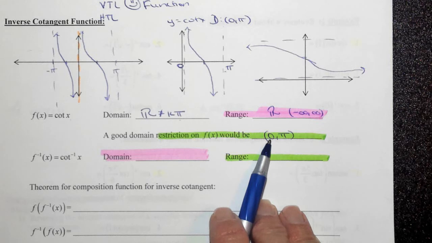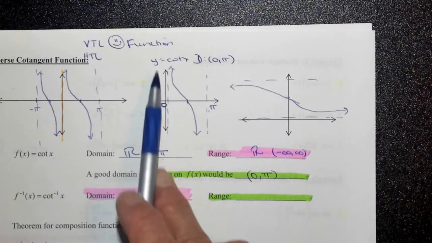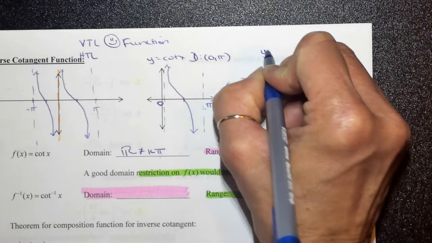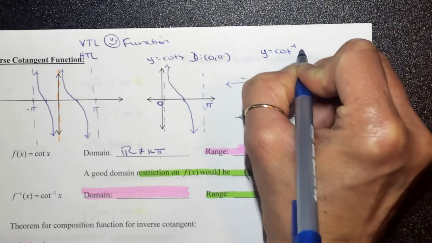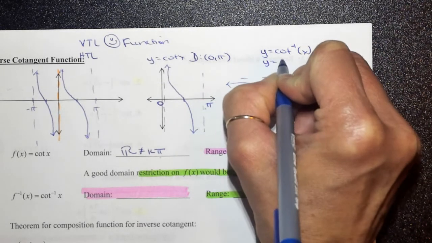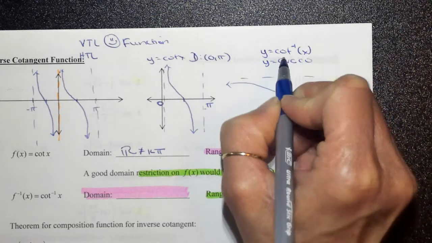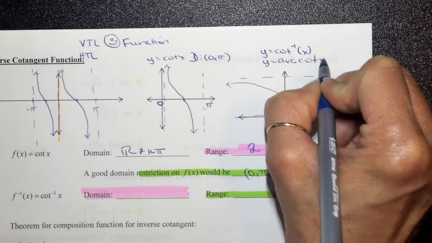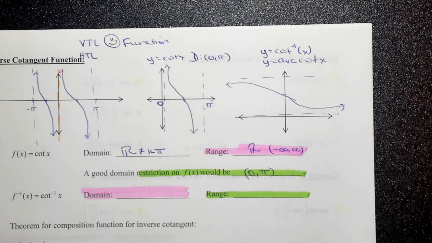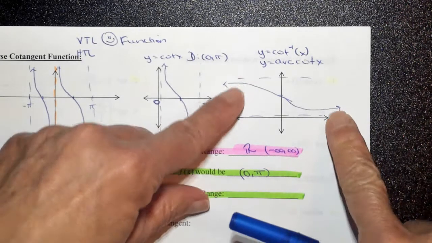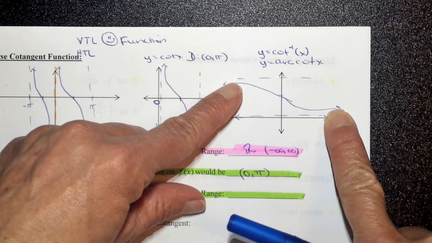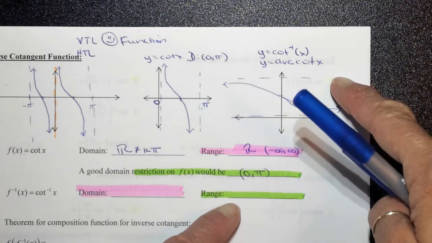And what we're going to look at now is switching the x and the y. So here we have y is equal to the inverse cotangent of x. I said tangent. So this basically looks like the tangent, except it's flipped, remember, because they're reciprocals.